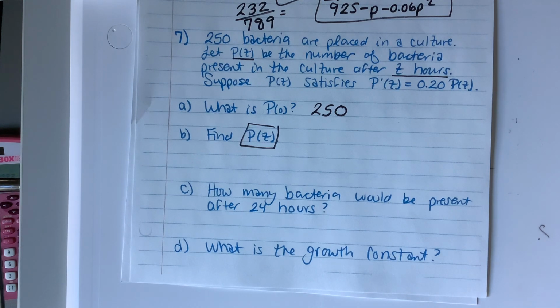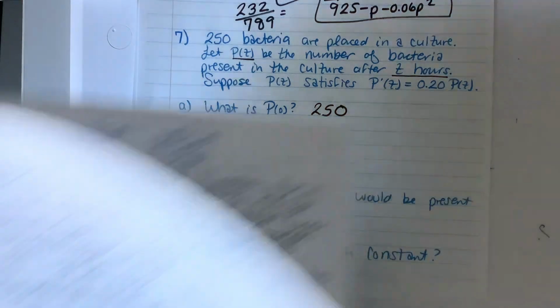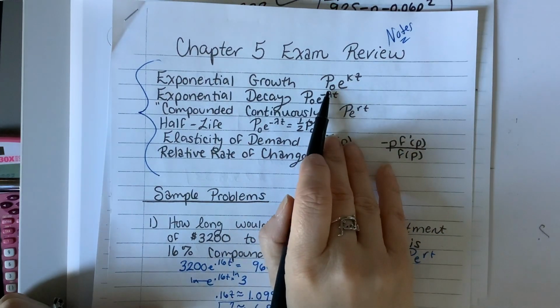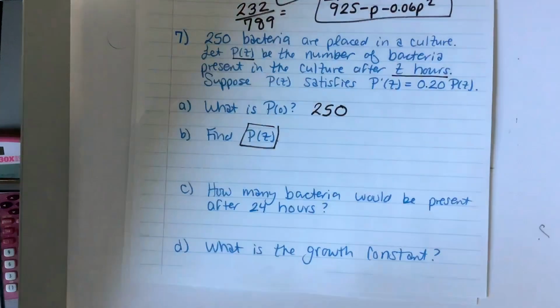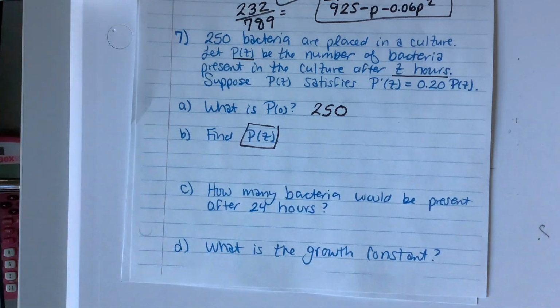So in order to do this, you have to realize, is this exponential growth or is this exponential decay? Is the amount of bacteria going up or down? Is this positive or negative? That's positive, so it's exponential growth. If I look back at that front page, if we're doing exponential growth, you start with P of 0, how are you starting, e to the power of K times T. That's what we're doing, we're just finding the formula.